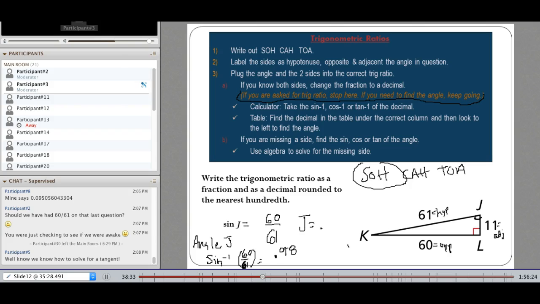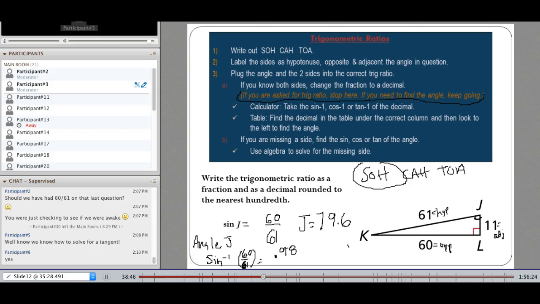We get approximately 79.6. Is that what some of you guys got when you did that? Let me know if that's what you got.